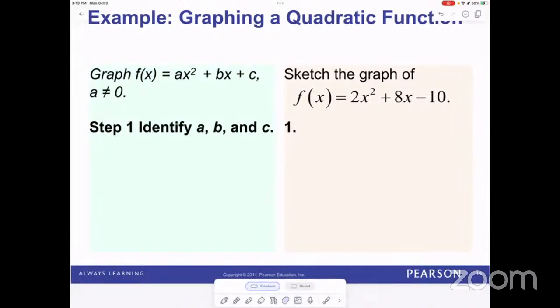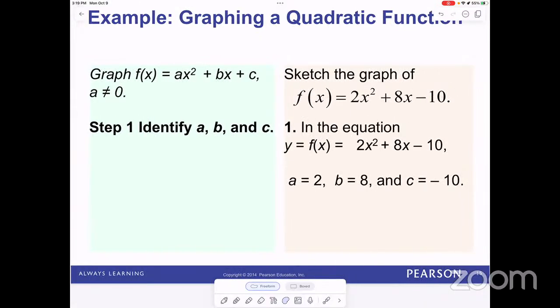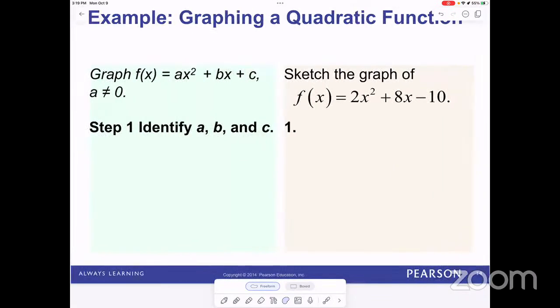Okay, so in this example, we're asked to sketch the graph of this quadratic. Now, there's a couple of ways we can go about this. What I'm going to do is a showcase on converting from this general form to the standard form. In order to convert to the standard form, we're going to use a factoring technique called completing the square. For our class, we do expect you to have some level of proficiency in factoring.